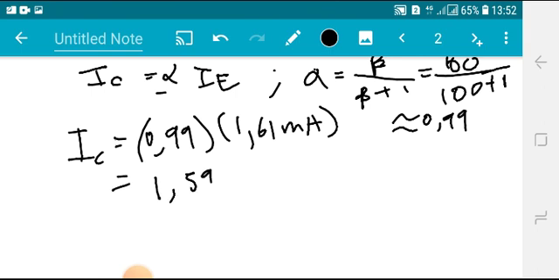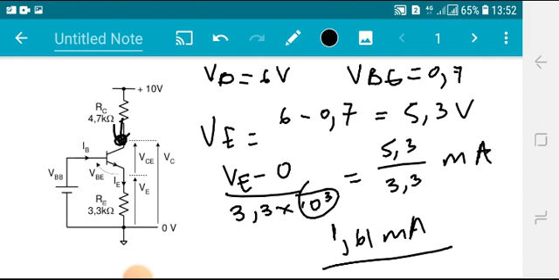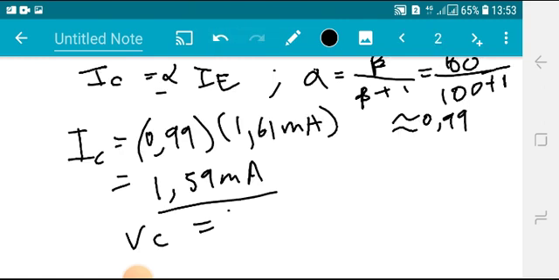It's 1.59 milliamps approximately. And now I need to figure out what VC is, which is our collector voltage at this particular node. It's very easy to see. It's 10 minus a drop here, 10 minus 4.7 times whatever the current is going down here will give me the voltage here. Hopefully that makes sense. So let me just write this down. VC should be VCC, which is our supply, minus IC, collector current, multiplied by RC, which is our collector resistance.